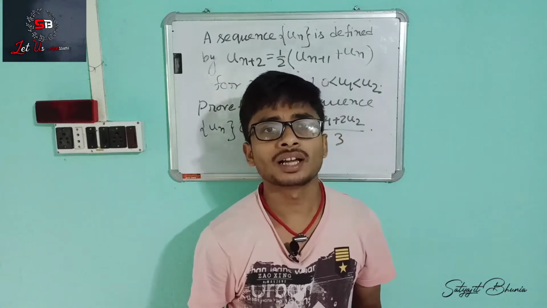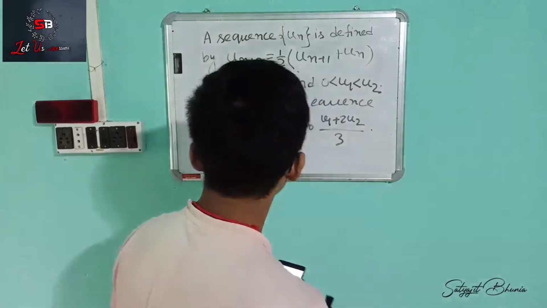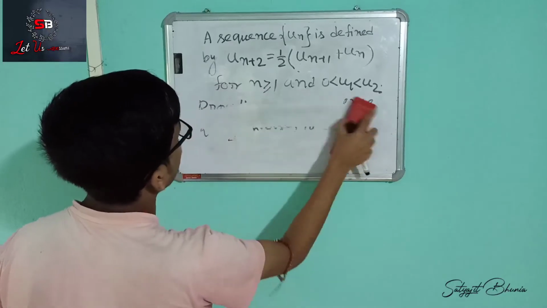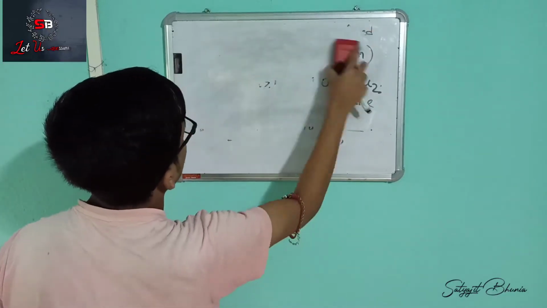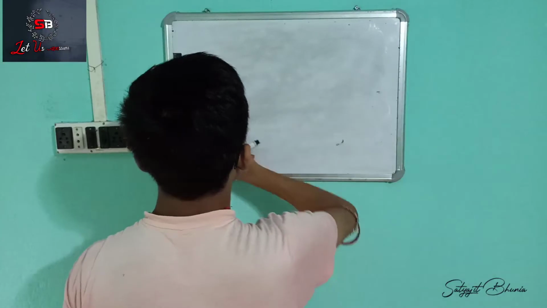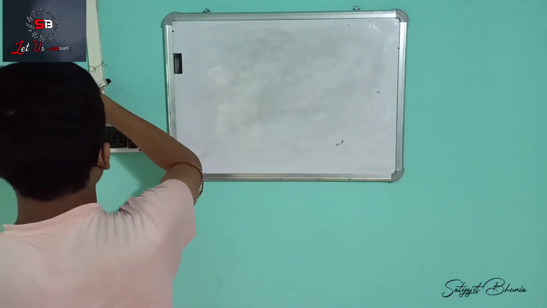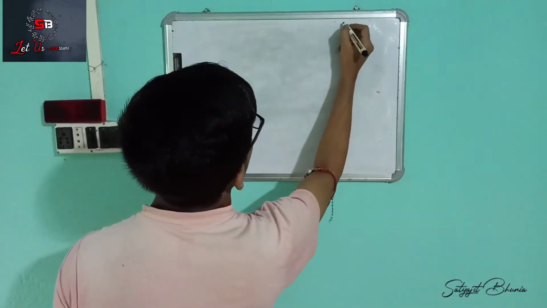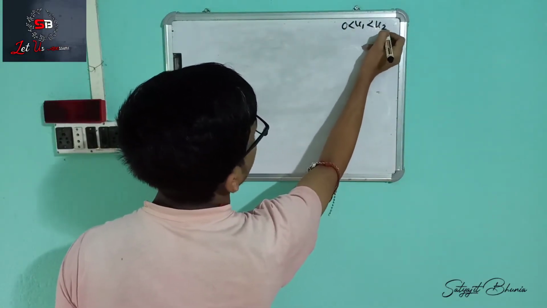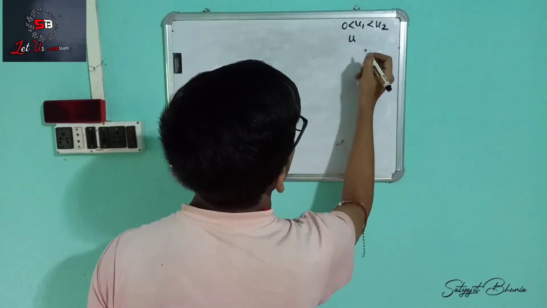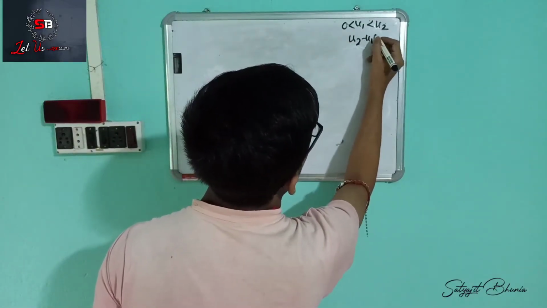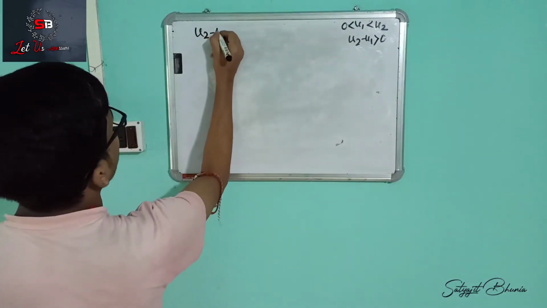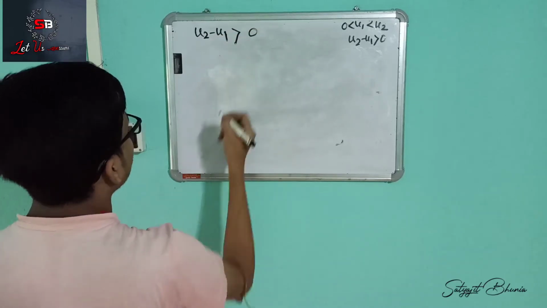So let's start the solution. First, we have u_1 less than u_2, that is, u_2 minus u_1 is greater than 0.